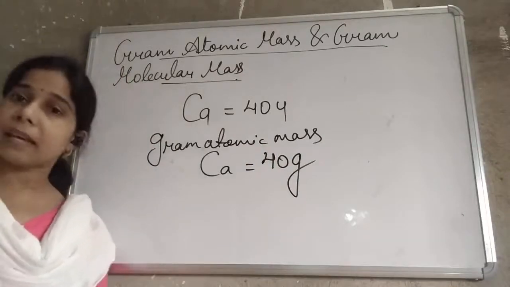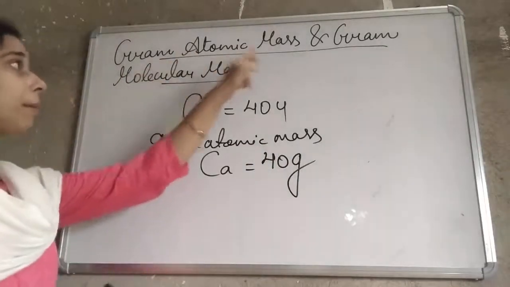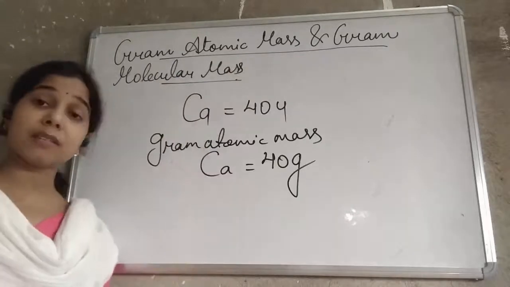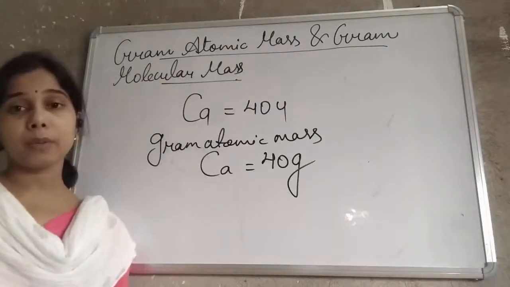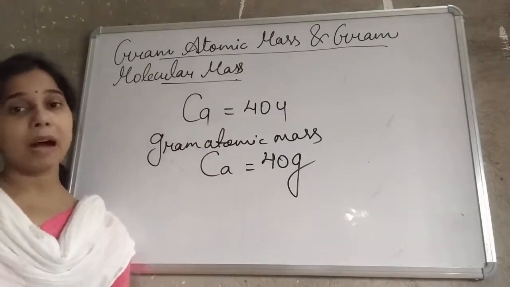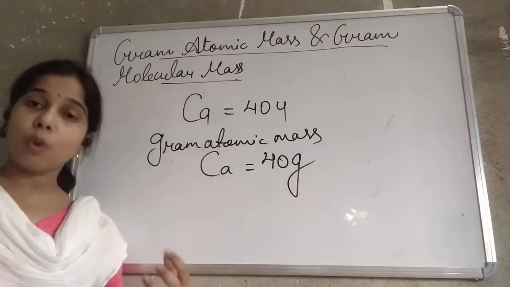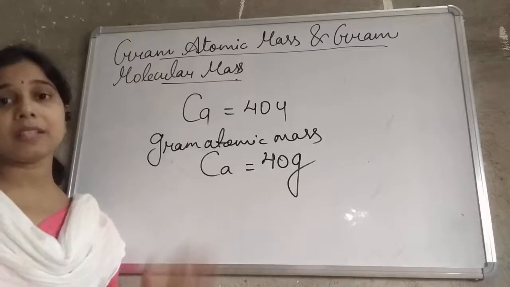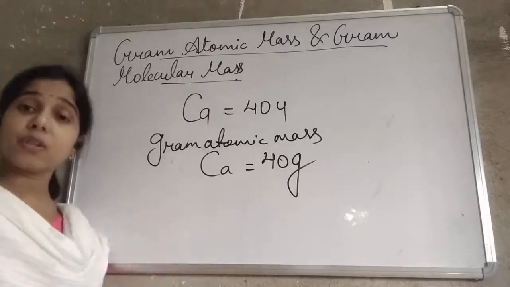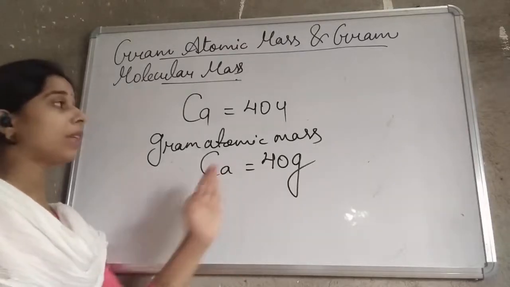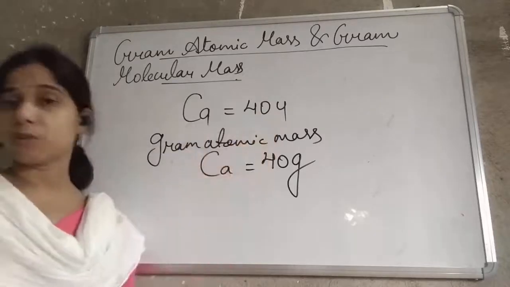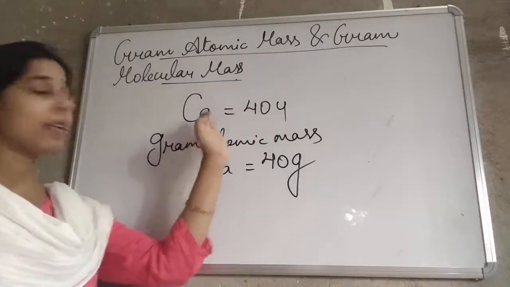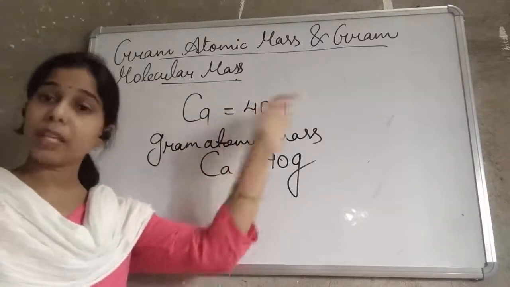So we can say that the gram atomic mass is the quantity by which we can find the mass of an element, whose mass is represented in gram, which is numerically equal to the atomic mass of the element. We know that the atomic mass of the element is 40 U.